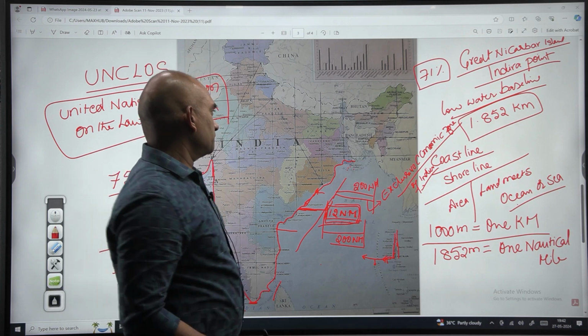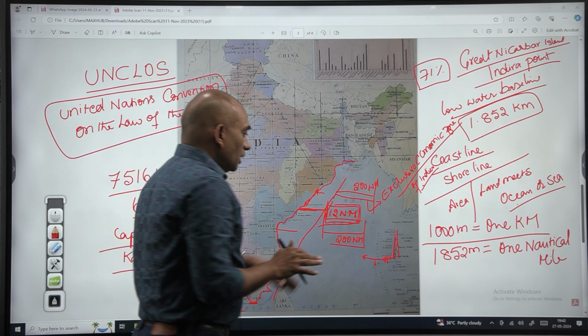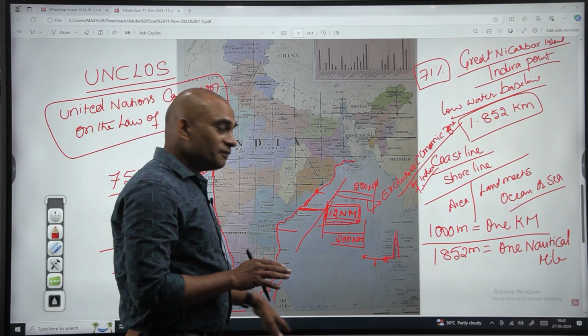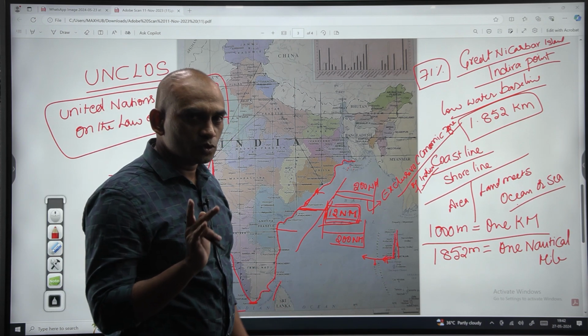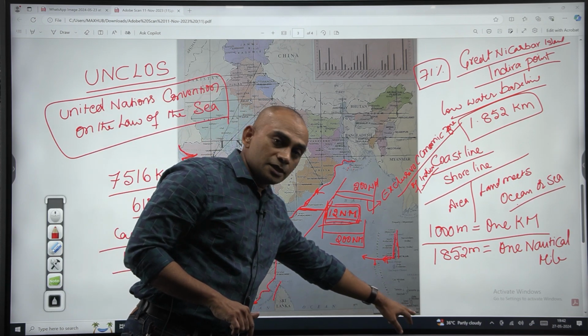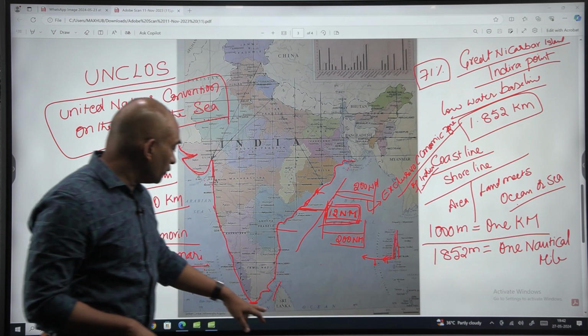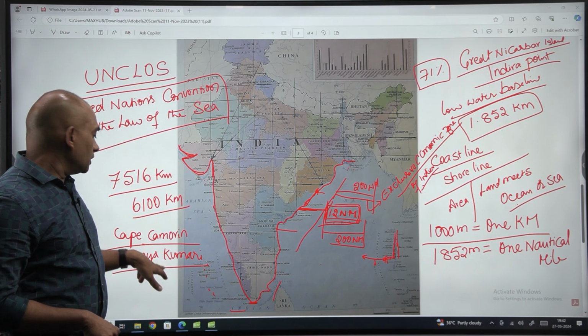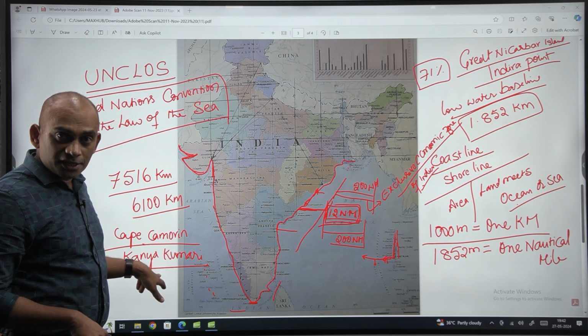This is about the southernmost tip of India, that is Indira Point. And if you take only the mainland, that is Cape Comorin, located in Kanyakumari.